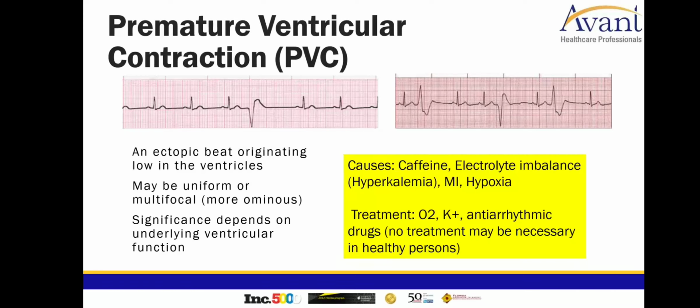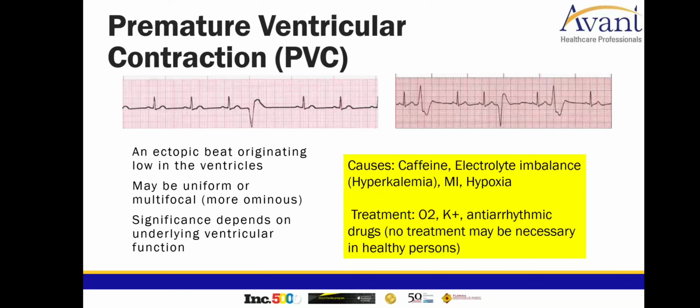PVCs can be caused by things like caffeine or certain medications that increase the metabolism. We have diet medicines. There's a lot of medications that the FDA had to pull off the market because they created a lot of cardiac issues, including extra PVCs. Electrolyte imbalances can cause that, like hyperkalemia, hypoxemia.